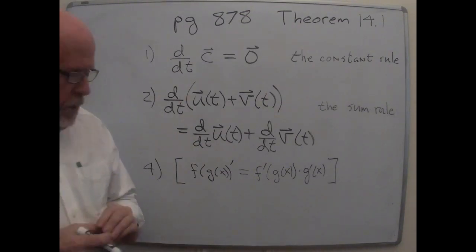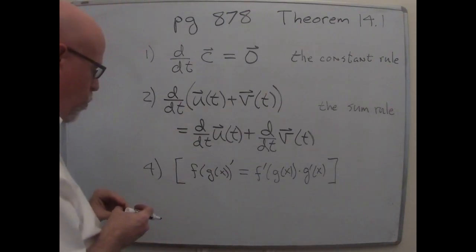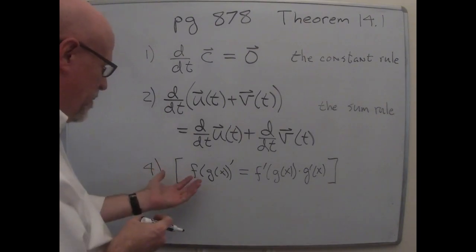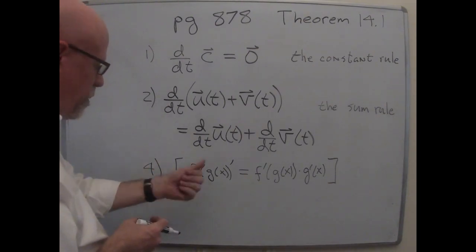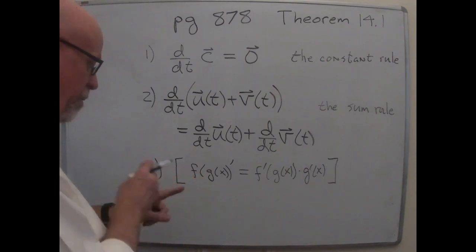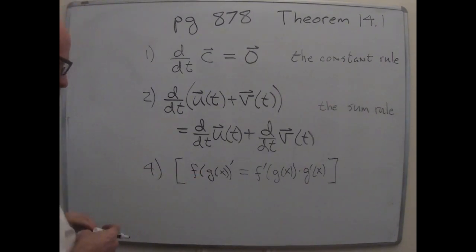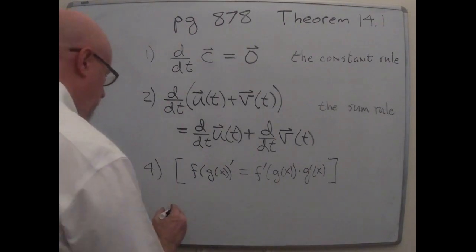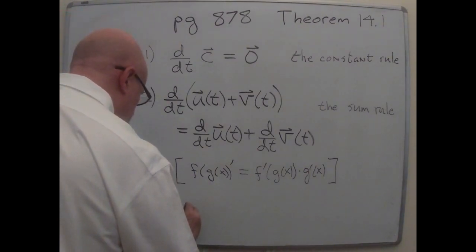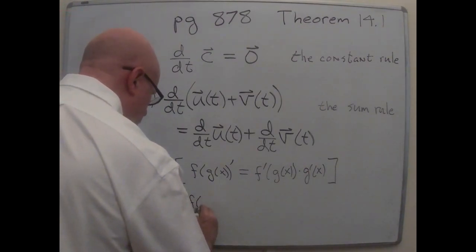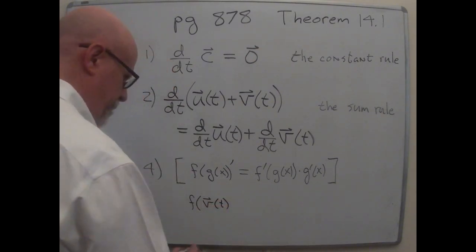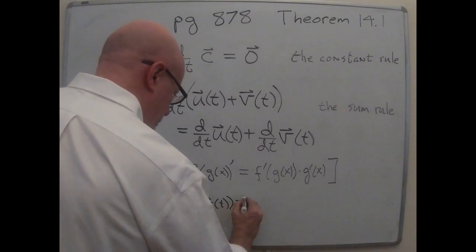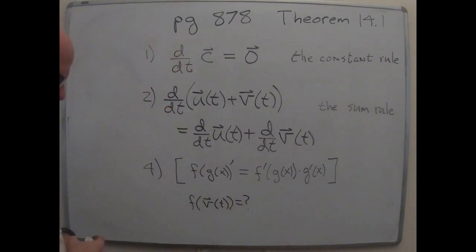The difference is that there's an asymmetry here. One of these things can be a vector and the other a scalar, but not vice versa. Would it make sense to have a scalar function like f applied to a vector input of t? I don't think so.